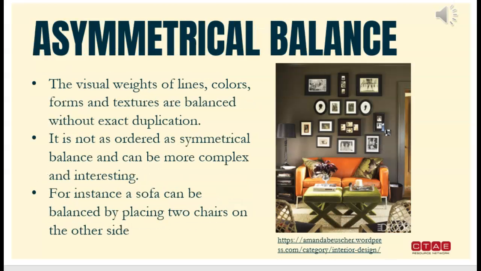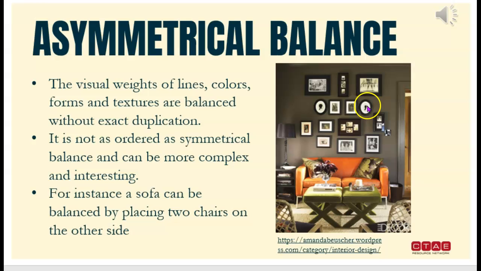Moving on, we now have asymmetrical balance. This is where visual weights of lines, colors, forms, and textures are balanced without an exact duplication. So it's not as ordered as symmetrical balance, and can be more complex and interesting. For instance, a sofa can be balanced by placing 2 chairs on either side.